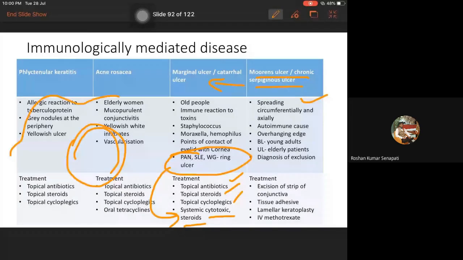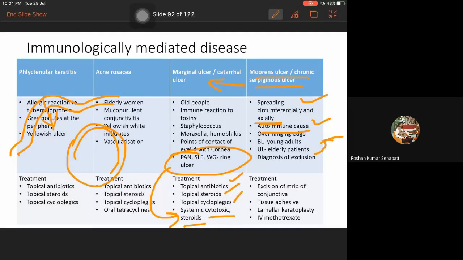It goes in the anterior-posterior direction. It spreads deep into the cornea. So axially means the anterior-posterior spread of the disease. The cause is autoimmune, and if you look, the margins are overhanging, something like this.